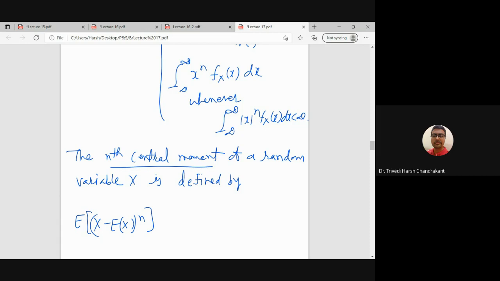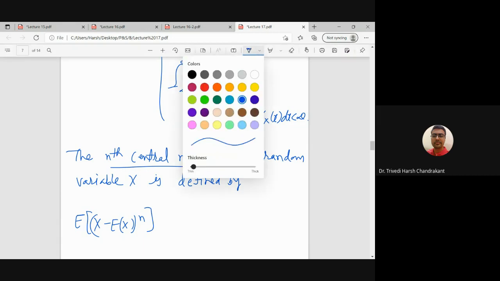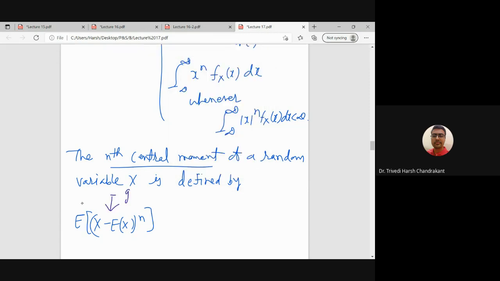So here essentially we are considering the function g(x) to be x minus mu power n, where expectation is the mean, which we denote by mu, a fixed number.